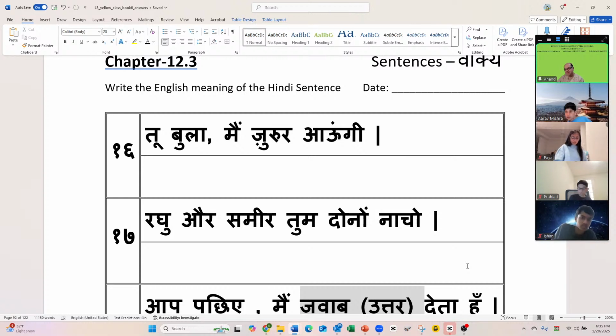Zurur, जरूर आऊंगा, Aungi. Okay. It's written Aungi in your books. So whoever's saying this is a girl. Tu bula, मैं जरूर आऊंगी. Yes, whoever is saying this is a girl because you call me and I will come.